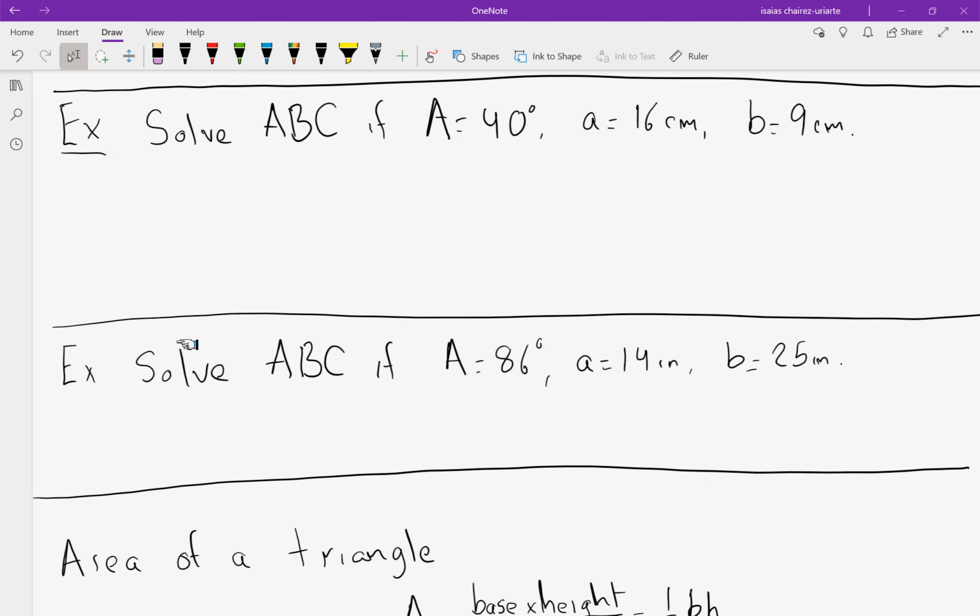We've got to solve triangle ABC if angle A is 40 degrees, the side opposite is 16 centimeters, and we're given another side, 9 centimeters. So I'm going to sketch the picture here.